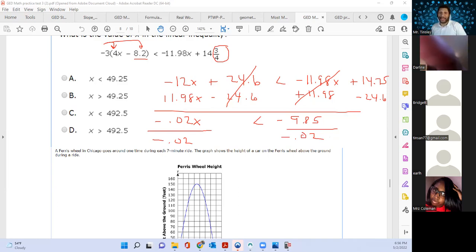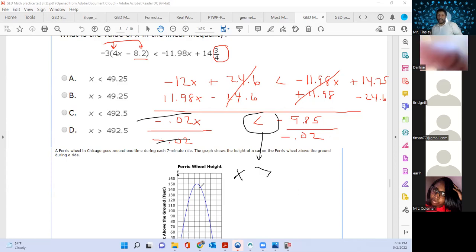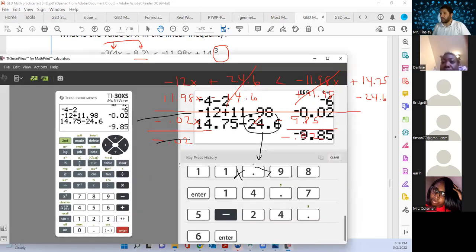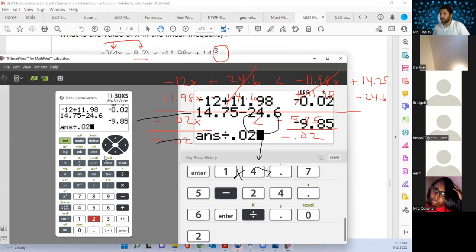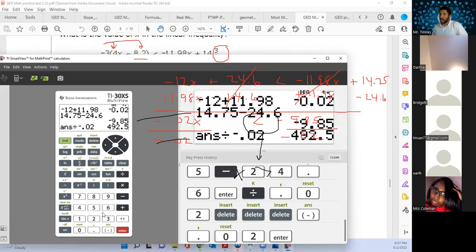Because this is an inequality, it must change because I multiplied or divided by a negative number. So this must change. So they cancel. I get x greater than, and again, I'm going to use my calculator. Listen, I'm trying to tell you: -9.85 divided by negative 0.02. Oops, I forgot my negative. Negative 0.02. 492.5.